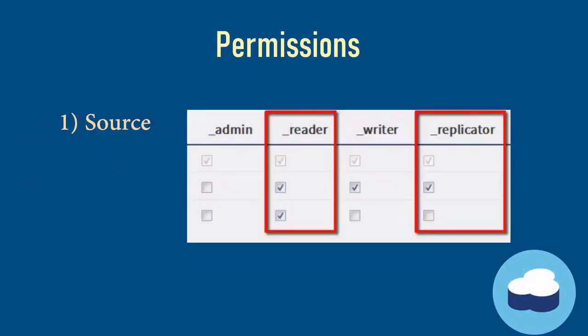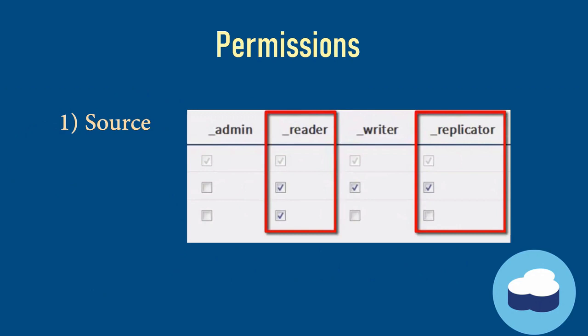To replicate the database between accounts or within the same account, Cloudant requires that account holders have the correct permissions for both source and target databases. For the source database, we need to have reader and replicator permissions set up. The reader permission allows a replicator to read our data, and the replicator permission allows them to replicate the database.